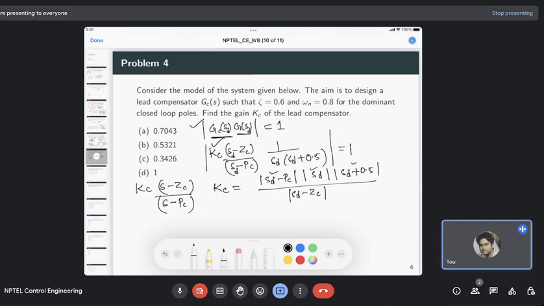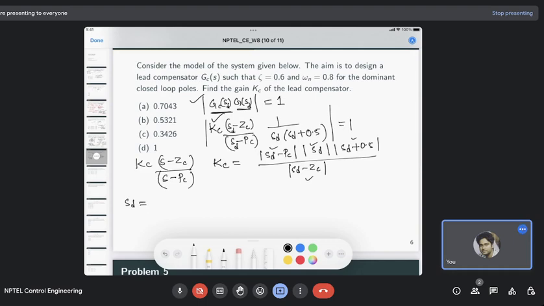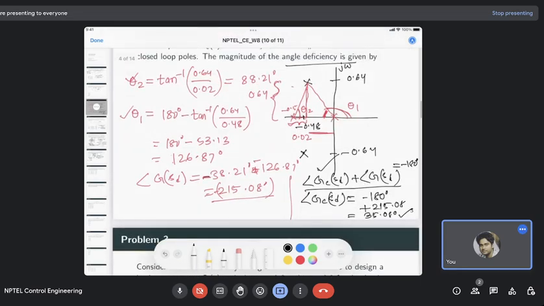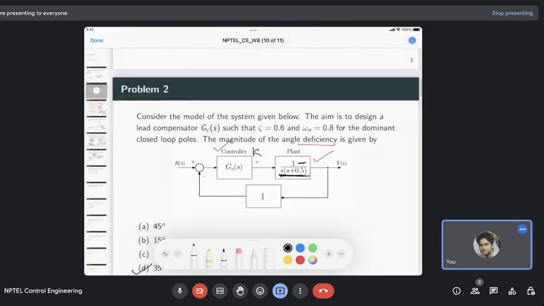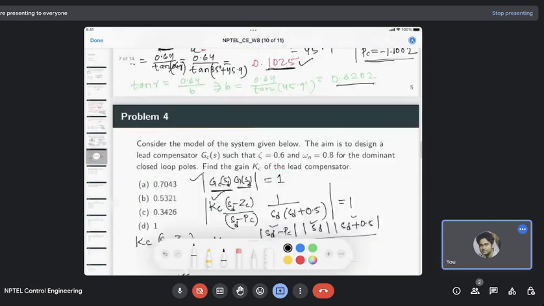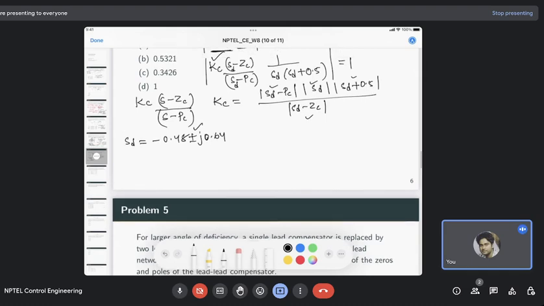Because these are all complex numbers, we enumerate each value. sd is the location of the dominant pole, so it is minus 0.48 plus minus j0.64, where plus minus j omega n is 0.64. We can just take one dominant pole, that's enough, because the magnitude will be the same for both complex conjugates, plus or minus sign.